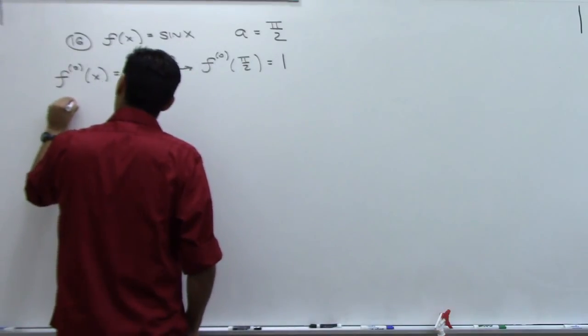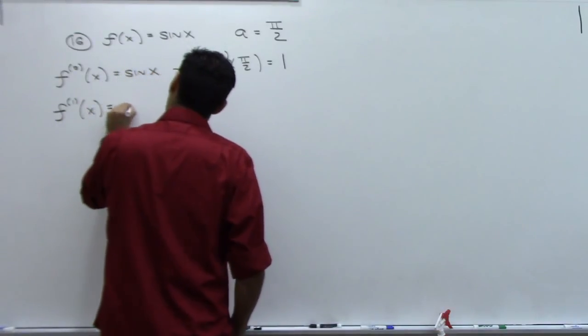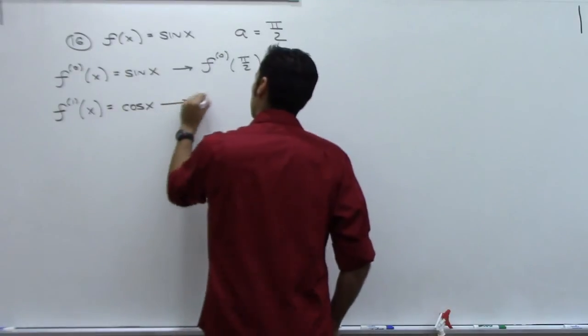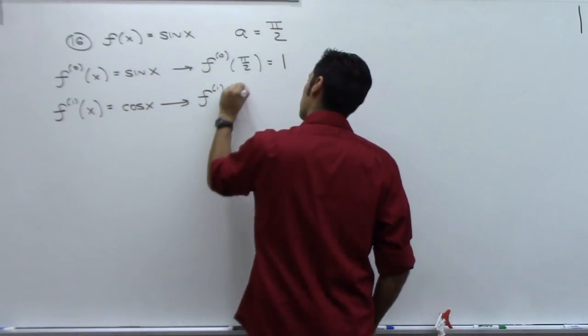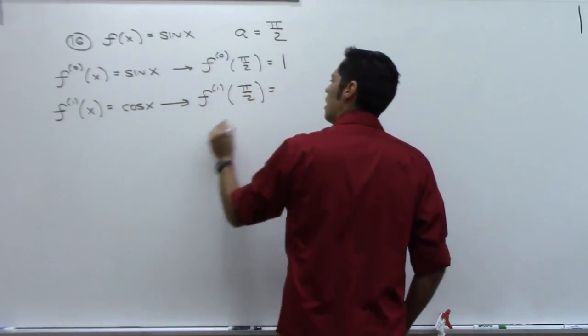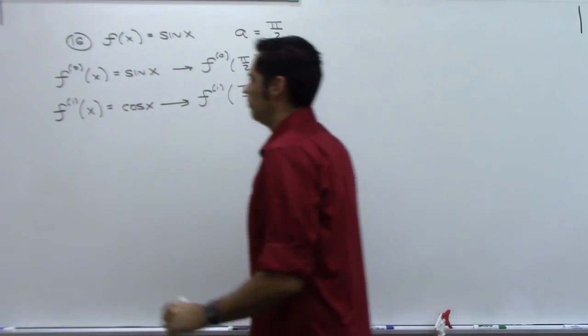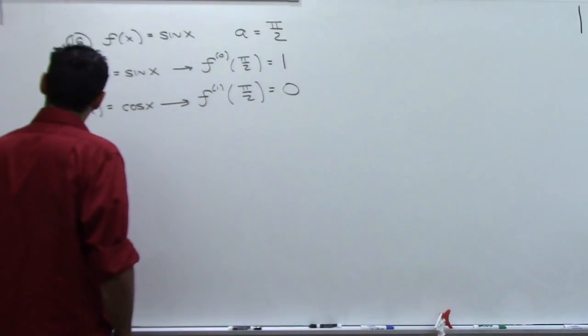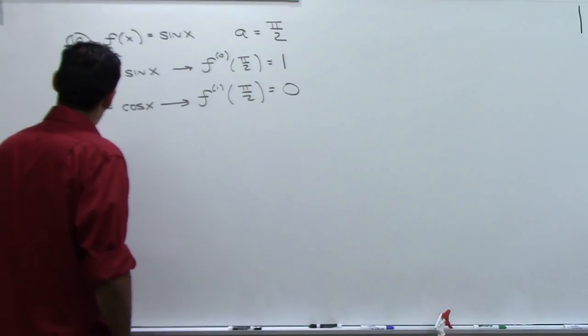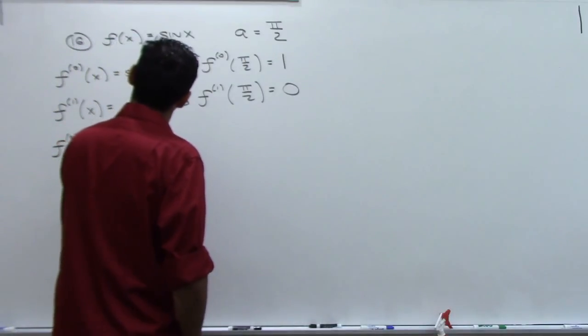Okay, first derivative, cosine x. Plug in pi over 2 into cosine x, and you get 0. Second derivative, negative sine x.